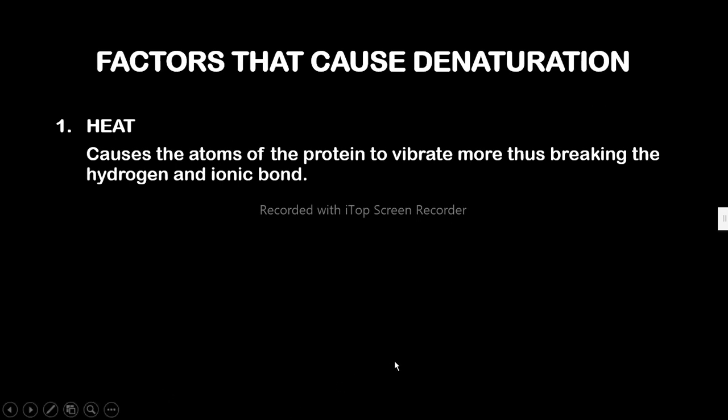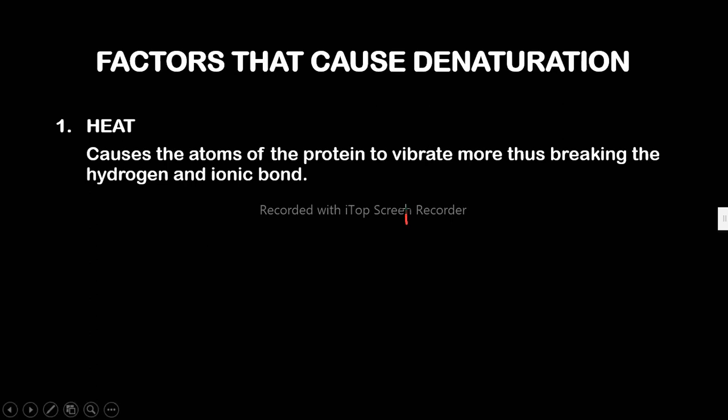Remember, proteins are made up of amino acids, which are made up of different atoms: carbon, hydrogen, and the R group atoms.